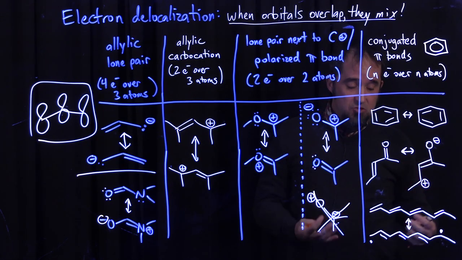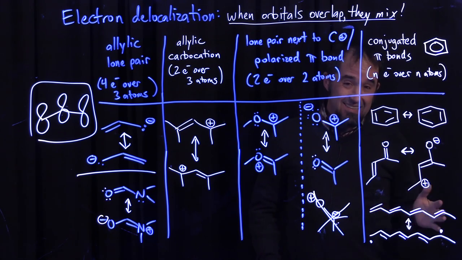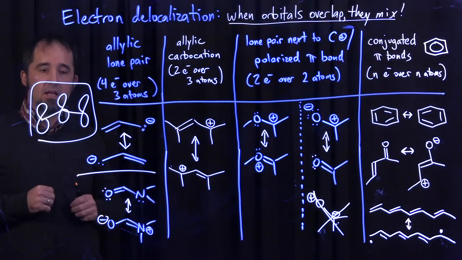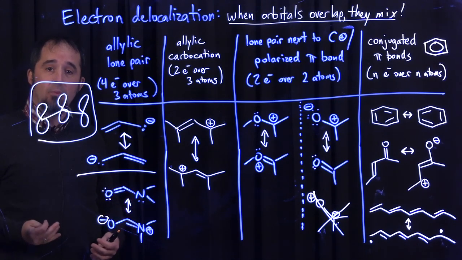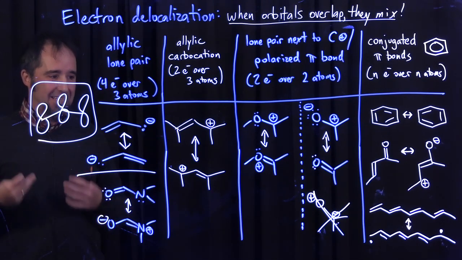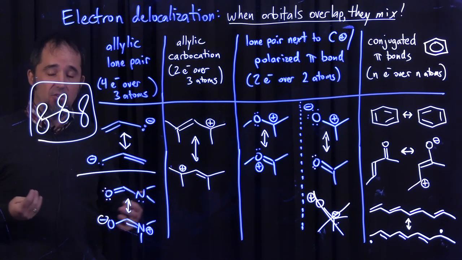Conjugated system. If we zoomed in, we might see these aren't all exactly the same length, but it's not quite as short, long, separated as we would have predicted, because this is all just one big system. So these are the patterns that we're going to be looking out for when we're thinking about when our drawings are lying to us, when we have to think about electron delocalization or resonance.